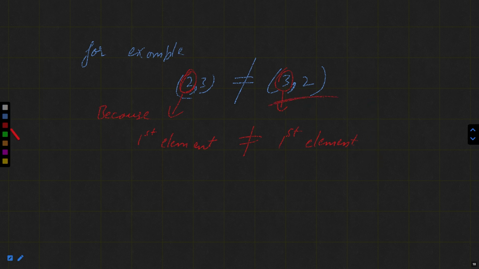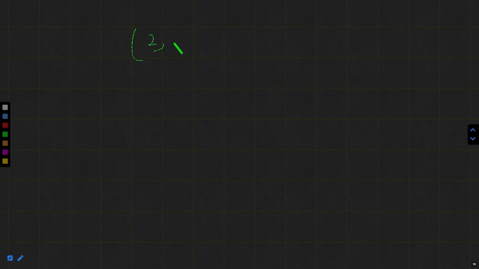And also the second element is not equal to the second element over here. Okay, so not equal. Now another example: are both given pairs equal or unequal?